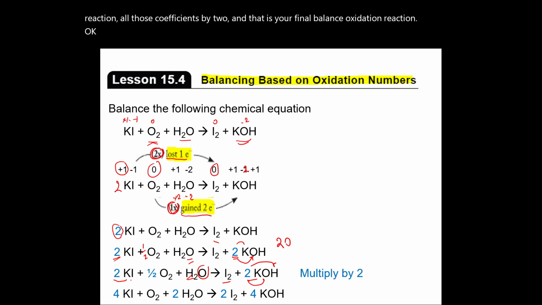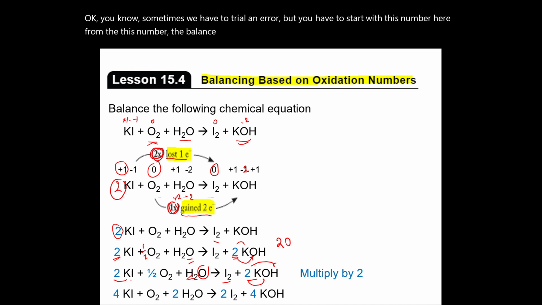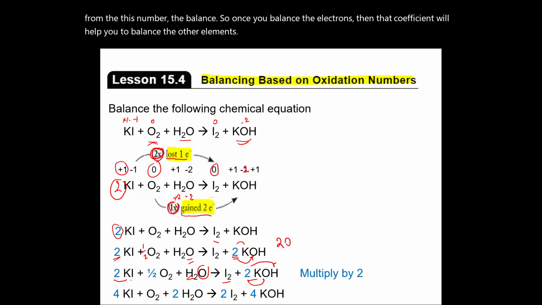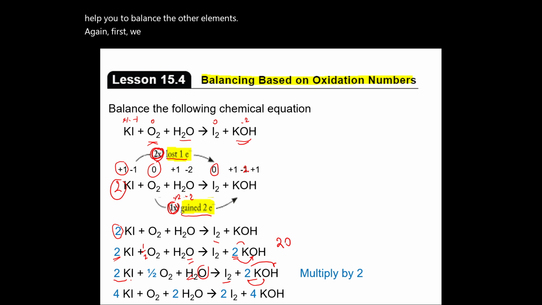Okay, sometimes we have to use trial and error, but you have to start with this number here, the electron balance. Once you balance the electrons, then that coefficient will help you to balance the other elements. Again, for a half reaction, first we have to balance the atoms, and then we have to balance the charge.